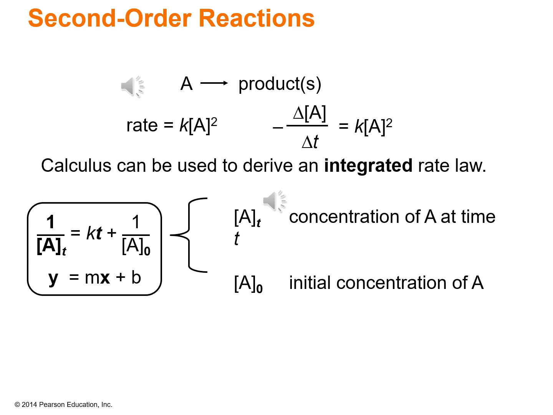Using calculus, you see that it's possible to convert the rate law to the integrated rate law here, with 1 over [A] sub t equal to kt plus 1 over the initial concentration of A. If you need to look at the derivation, it's in Appendix A5. And again, you see that it's in the same format of y equals mx plus b.